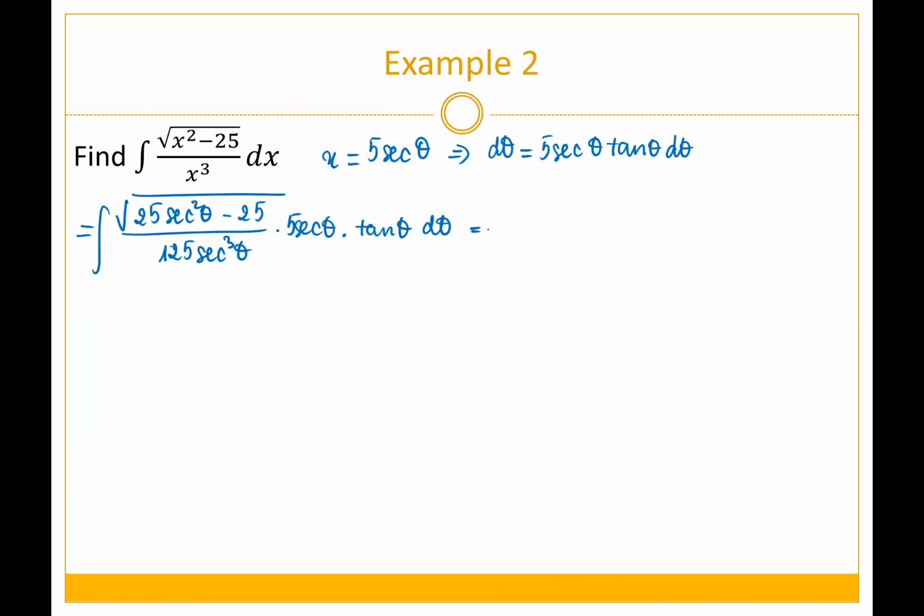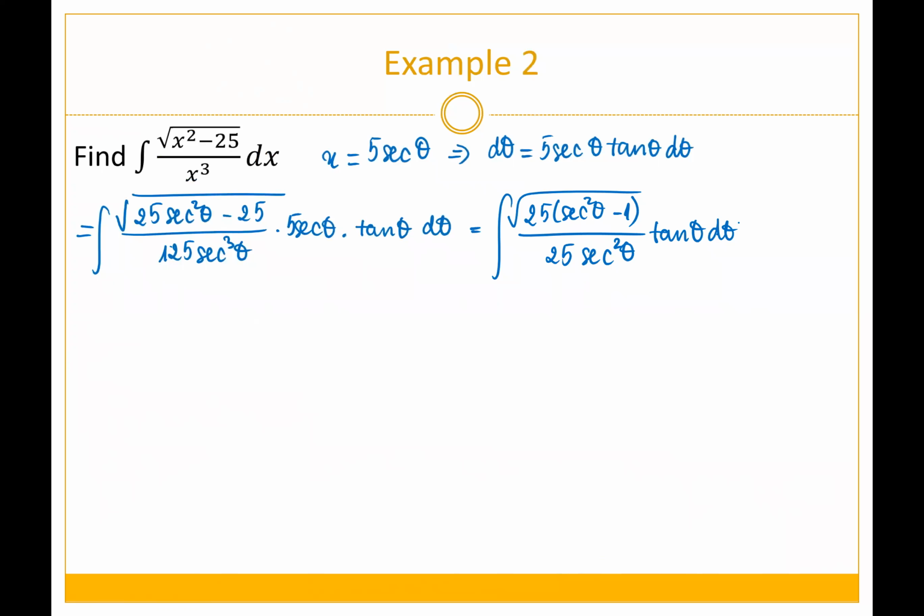It actually killed me in one of the quiz, but yeah, should always remember. Just copied out the correct form. So we have 25 secant square minus 25. If you take 25 out and you have secant square minus 1 divided by 125, or just 25, I'm going to cancel out with this 5 here. So the secant cancels out with this secant, so it's secant square tangent d theta.